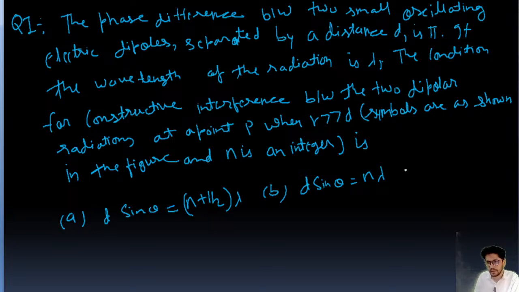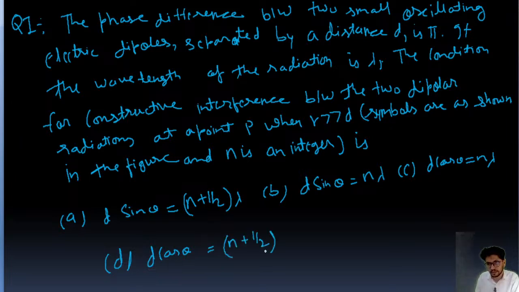Option C, d cos theta equal to n lambda, and option D is d cos theta equal to n plus half lambda. Okay, and the figure is also given.